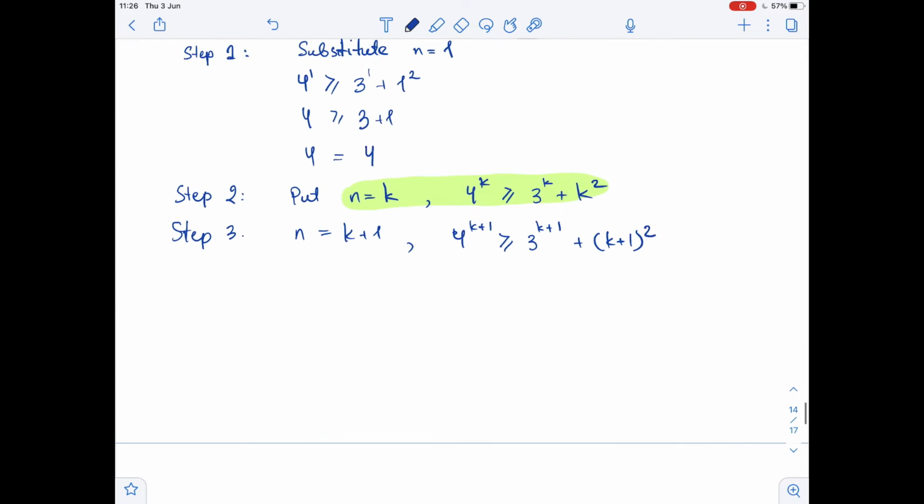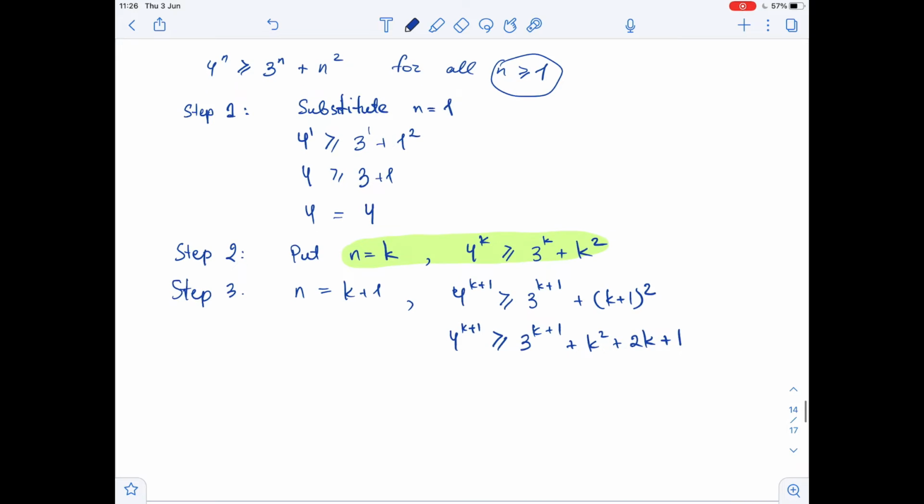Well, let's simplify this expression. So 4 to the power of k plus 1 needs to be greater than or equal to 3 to the power of k plus 1 plus k squared plus 2k plus 1.